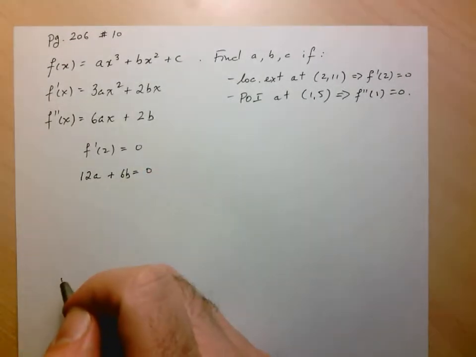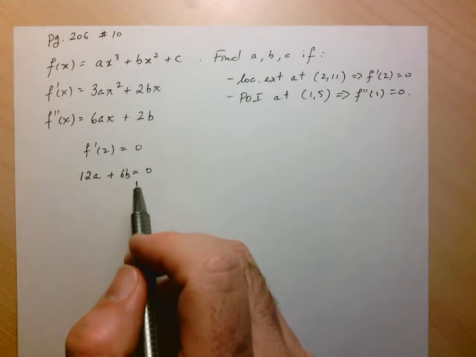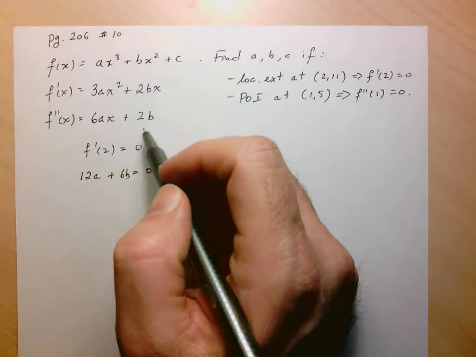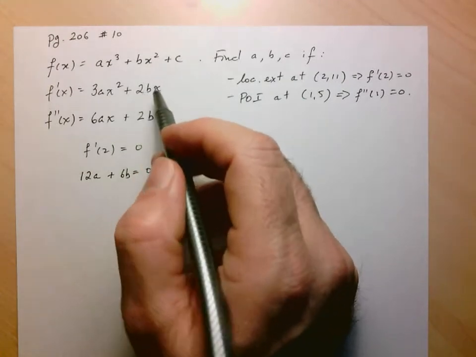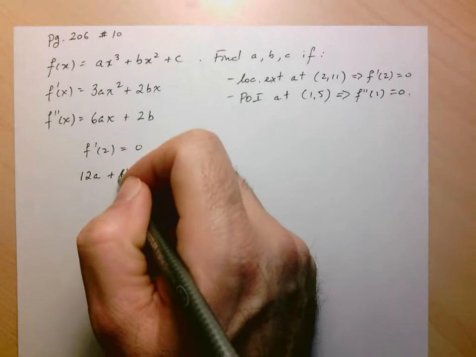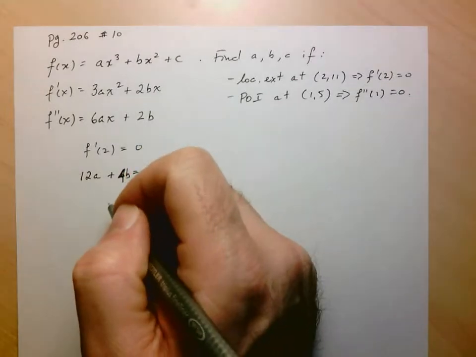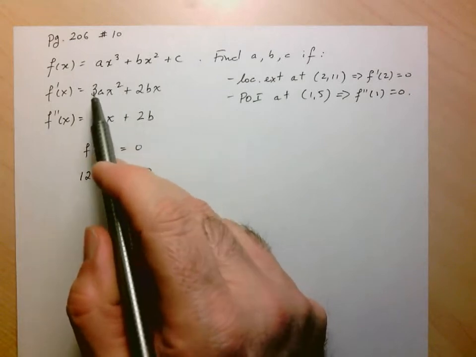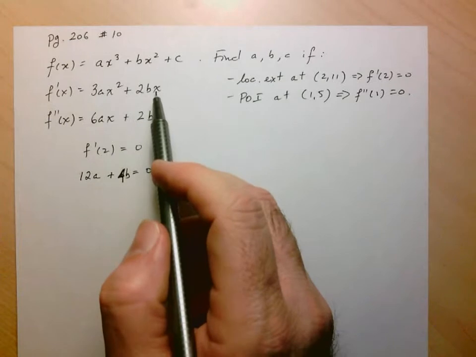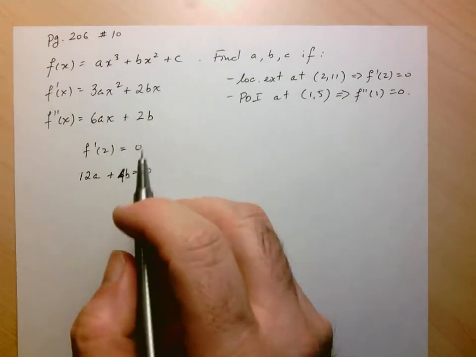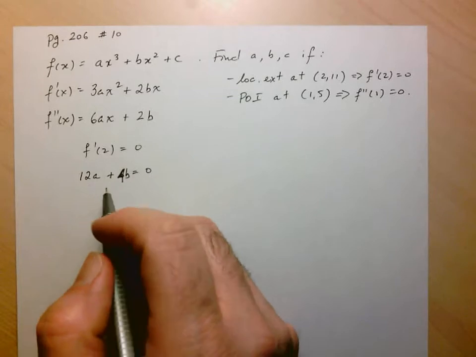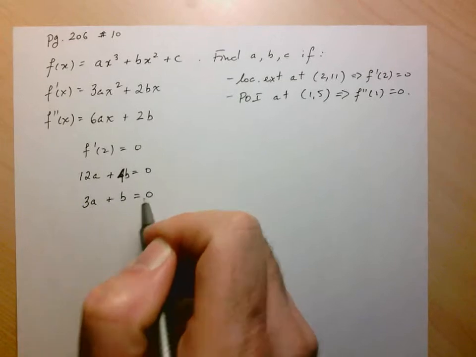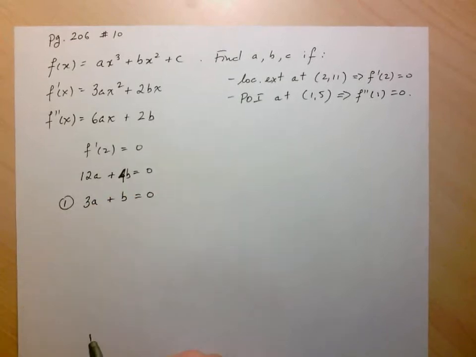Sorry, I just realized I made a mistake here. 2 times 2 is 4, not 6, so this should be 4b. Sorry about that. To repeat, I'm replacing 2 into the derivative. So 2 squared is 4 times 3 is 12, and here x is 2, so 2 times 2 is 4. We can simplify this a little more: divide both sides by 4, so 3a plus b equals 0. So there's one equation in a and b.